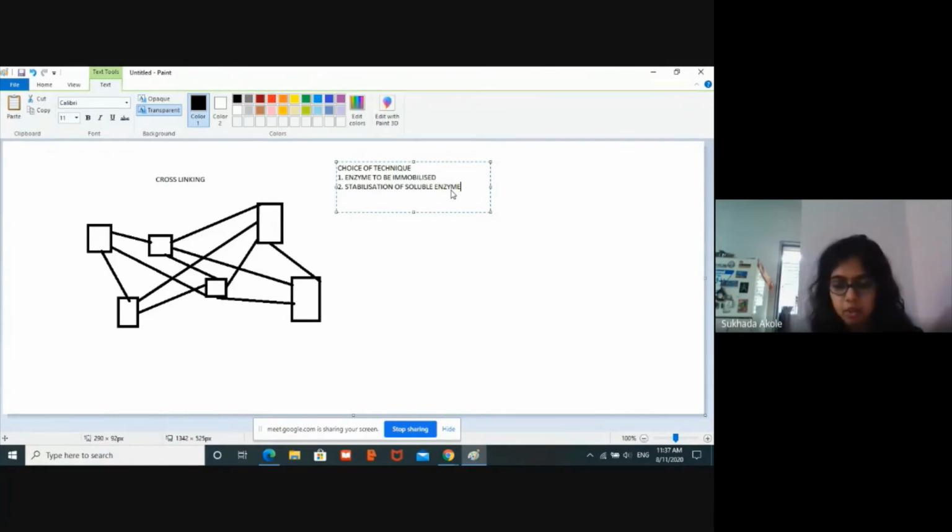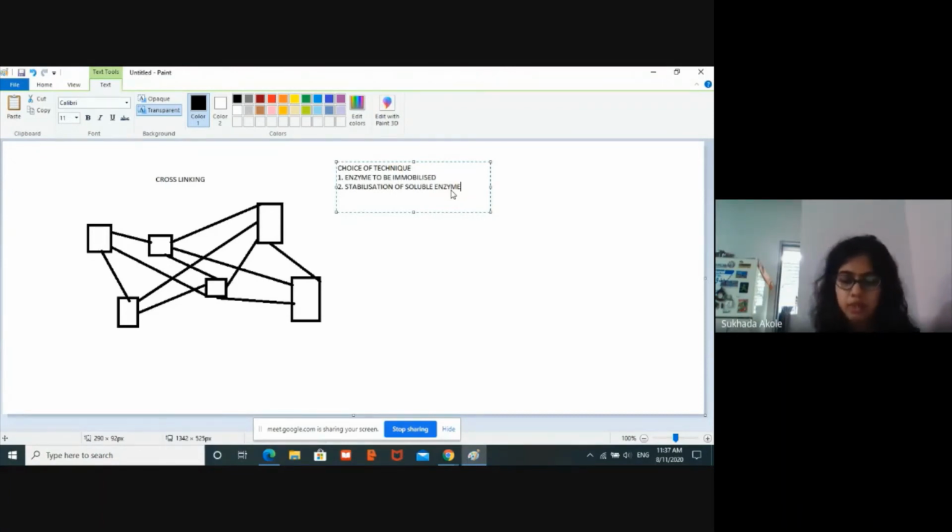So, your acetone or ethanol can stabilize benzyl alcohol dehydrogenase only. So, benzyl alcohol dehydrogenase के अलावा अगर मैंने कोई एंजाइम इस सॉल्वेंट में डाला तो वो एंजाइम जो है वो डिस्ट्रॉय हो जाएगा. Okay? So, for stabilization of soluble enzymes, you have to match the solvent system first.